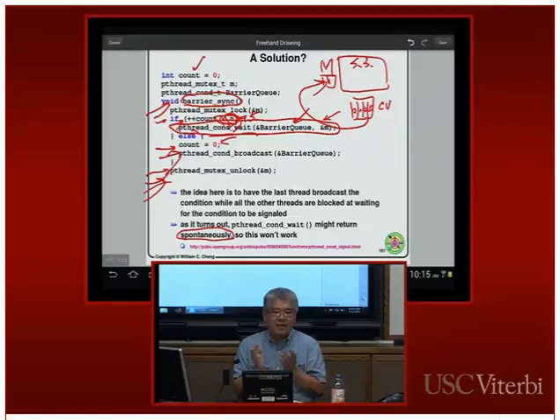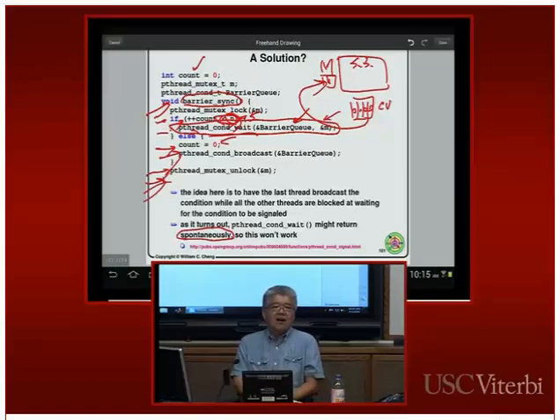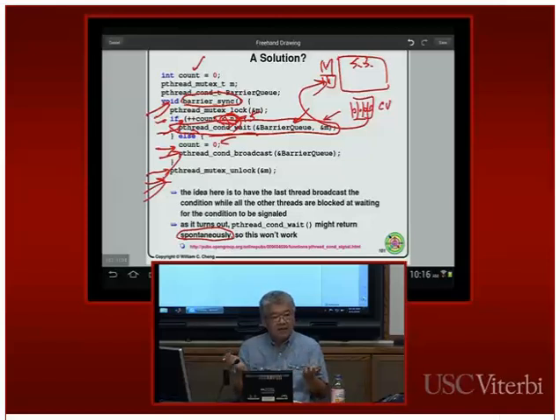The reason, which we're going to talk about in the next set of slides, is that there are these things called Unix signals, and signals can cause one of these functions to return, and when it returns, it doesn't remember whether the condition has been signaled or not. Therefore, you are required to use pthread condition wait in a loop.